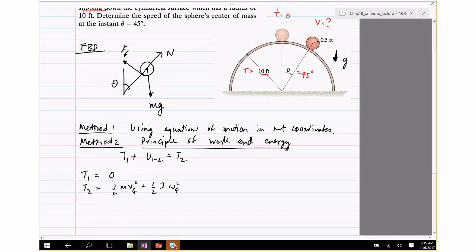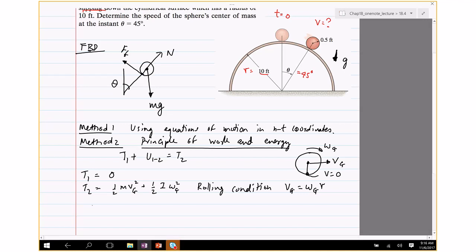I can simplify this a bit by noting that the rolling condition is vg is omega times r. In other words, this is v, this is omega. Then since this point has 0 speed, when a disk rolls without slipping, the velocity of the point of contact is 0. So vg is omega r.